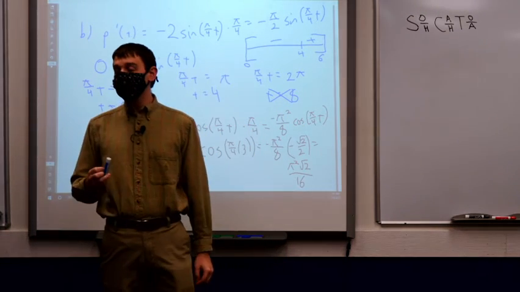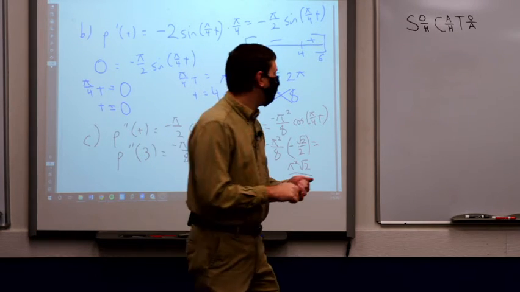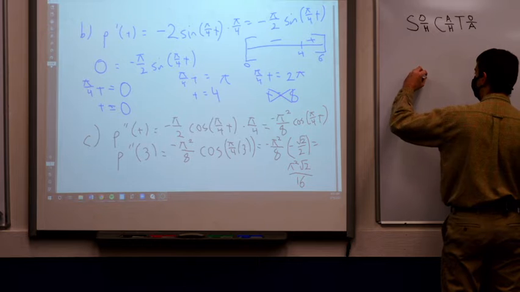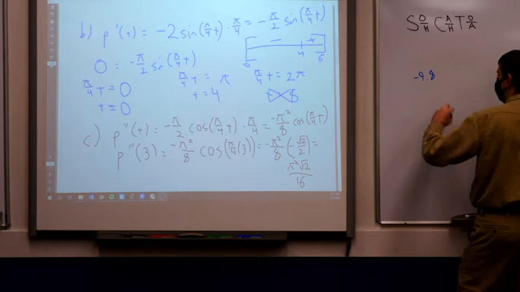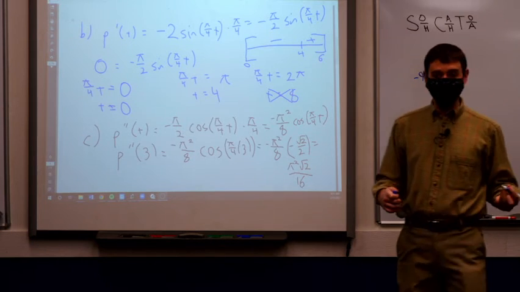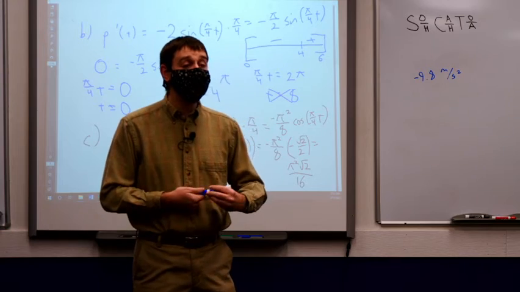Acceleration due to gravity on Earth is negative 9.8 meters per second squared. That's the acceleration due to gravity. Notice that it's negative. Why?